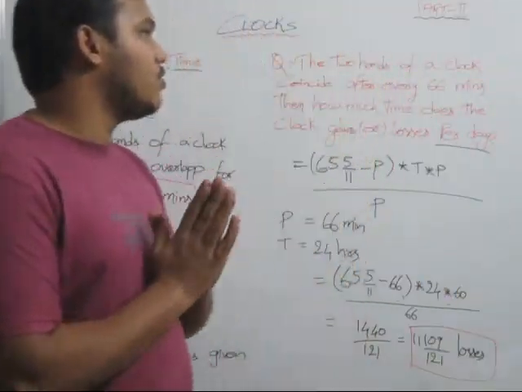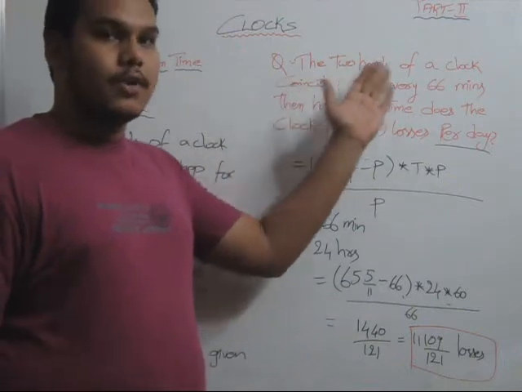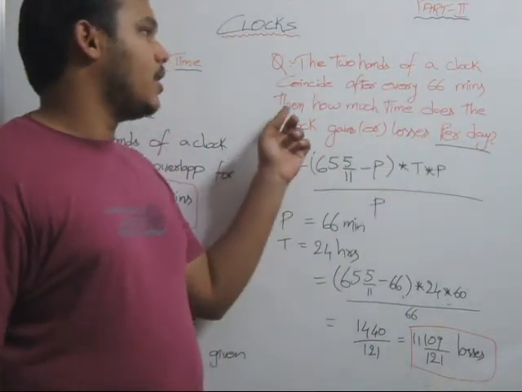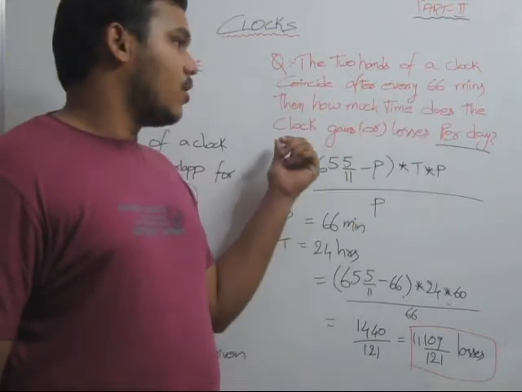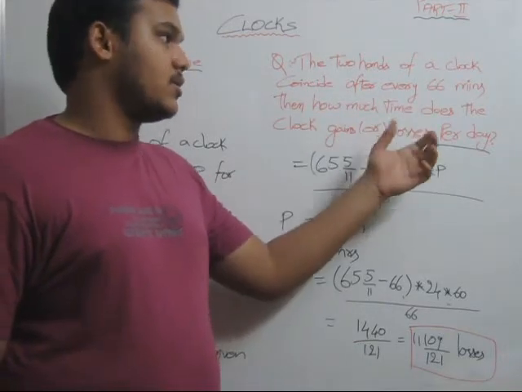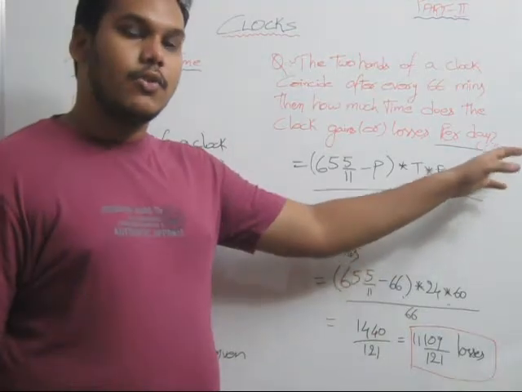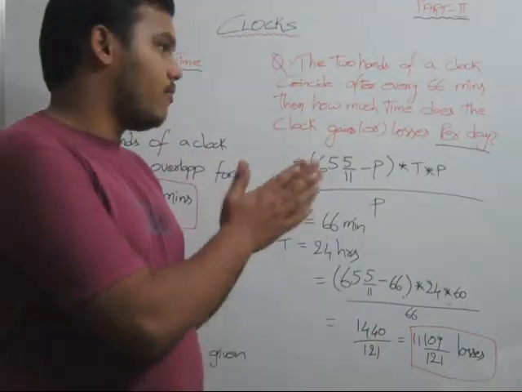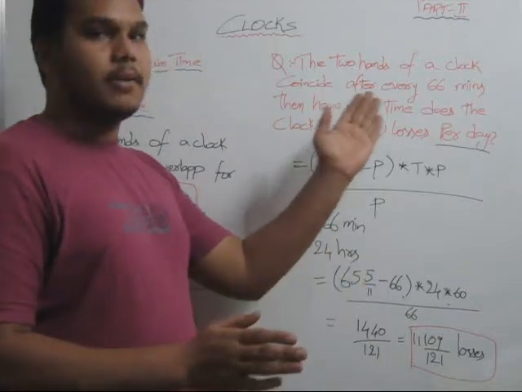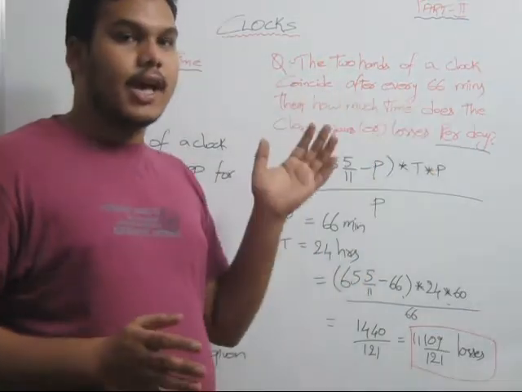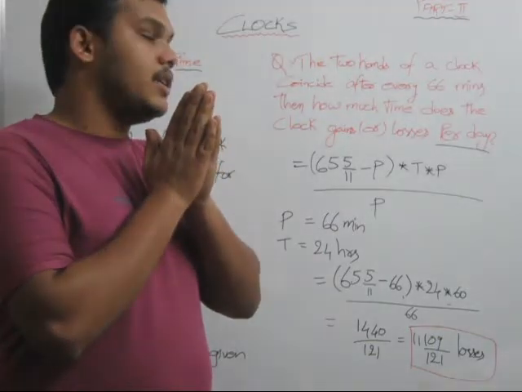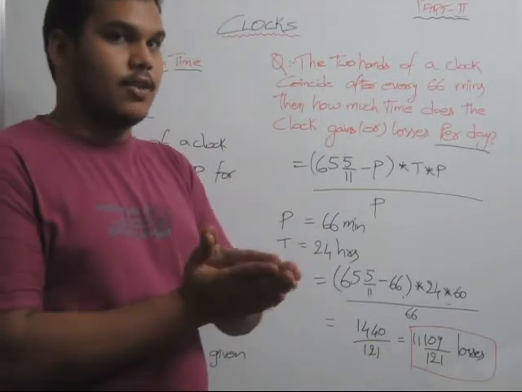So the question goes like this: the two hands of a clock coincide after every 66 minutes, then how much time does the clock gain or lose in 24 hours or per day? So we have a formula to find a gain time or a lost time. In the question he asked whether the time is gaining or losing.